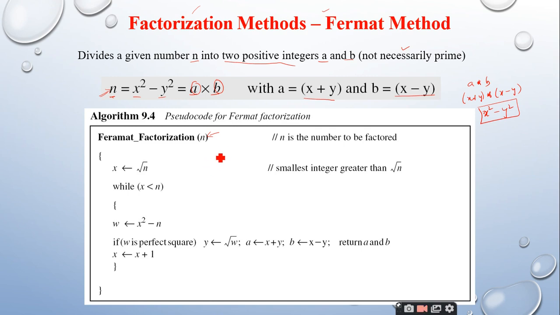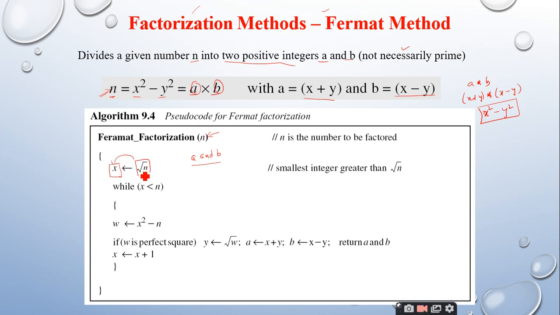So this method tries to identify two integers a and b. This is the first point you should understand. Initially, you initialize the value of x with a very small number, that is the square root of n. Whatever number you have taken, you find its square root, and you assign the closest number to x.